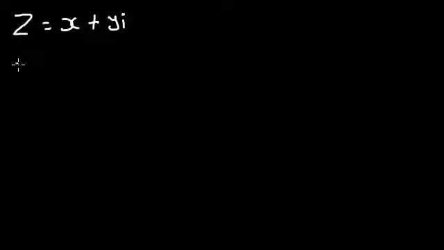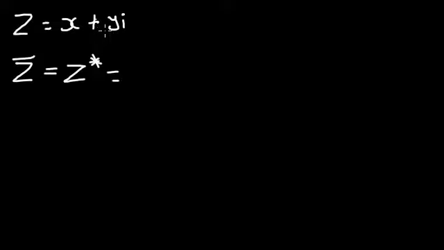Sometimes it might be expressed as z with a bar on top of it, or another time it might be expressed as z with an asterisk on top of it. In either case, wherever you see this symbol, they are referring to the conjugate. And what does it mean? It's the same complex number, but with a different sign attached to the imaginary part. So generally, we negate the imaginary part to get the conjugate of that complex number.